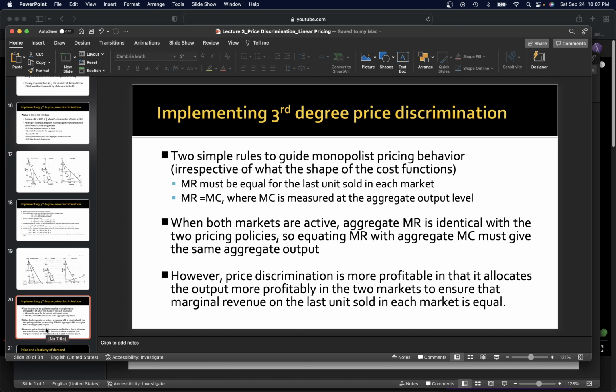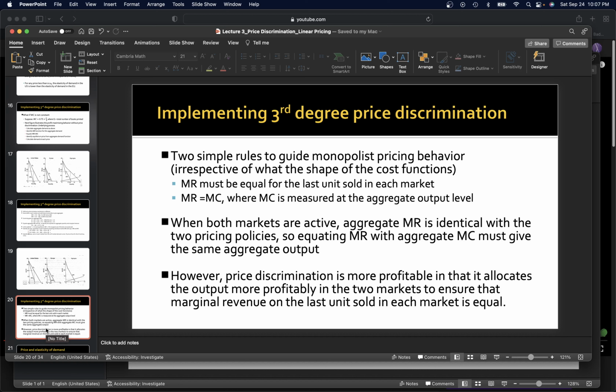All right, so two simple rules to guide the monopolist pricing behavior. MR must be equal for the last unit sold in each market. So MR for Europe must be equal to that of the US, or Group A is equal to Group B. And marginal revenue must be equal to MC, where MC is measured at the aggregate output level.